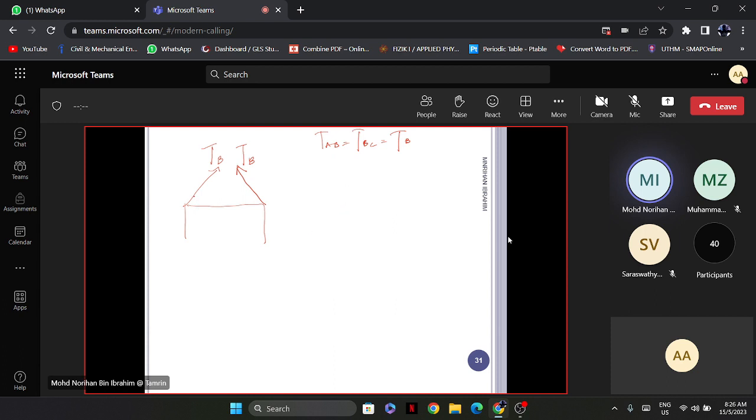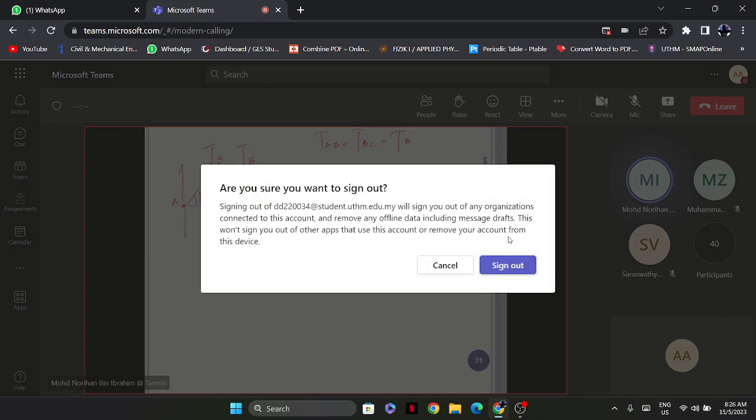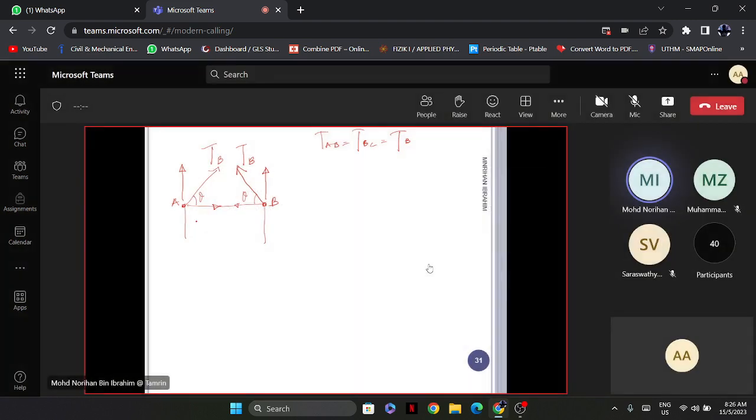In each of these, we have this theta. We can split each of these into the components of x and y to simplify and facilitate our analysis.